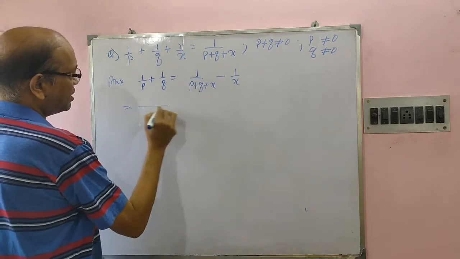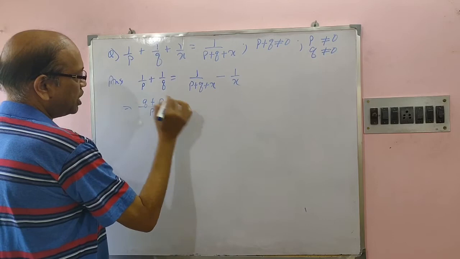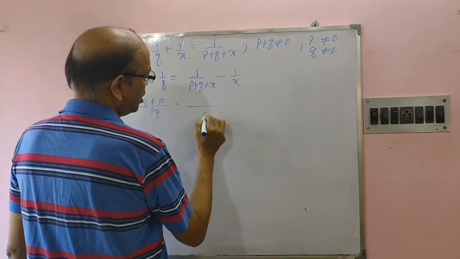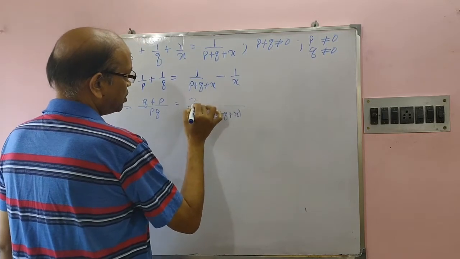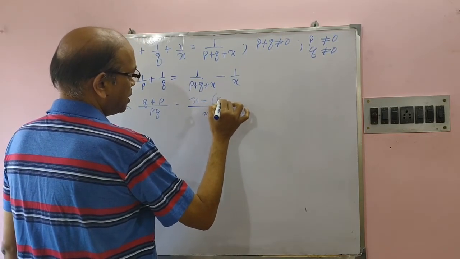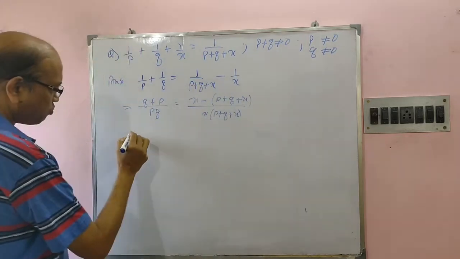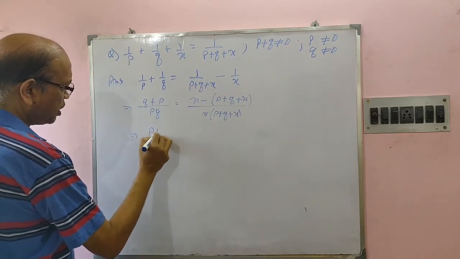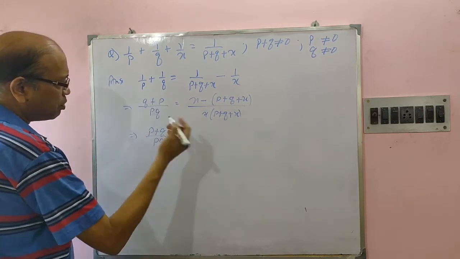Then I take the LCM pq, so this becomes q plus p, and this LCM x into p plus q plus x, so this becomes x minus p plus q plus x, or this becomes p plus q by pq. Q plus p can be written as p plus q.